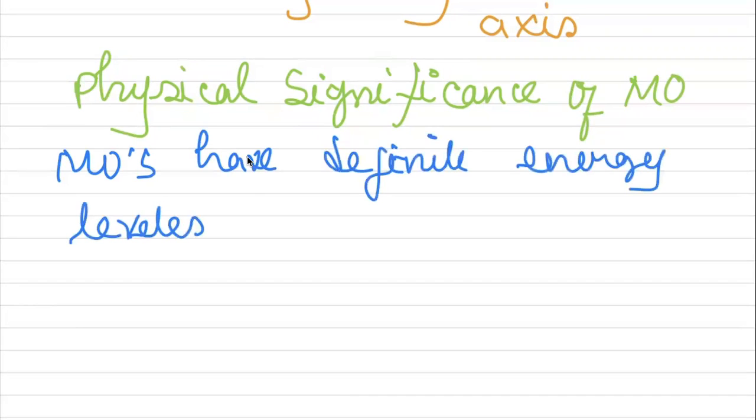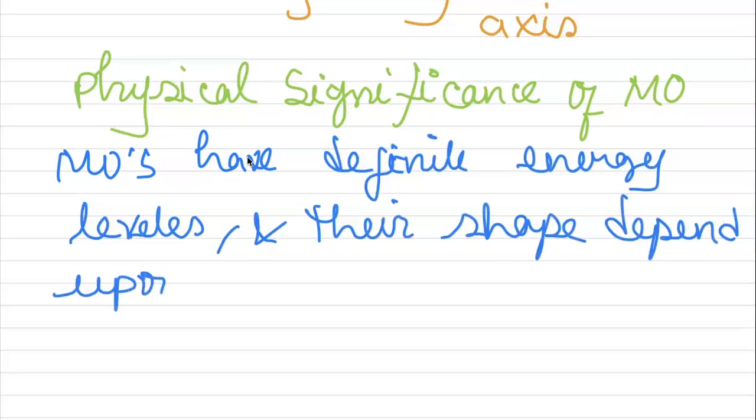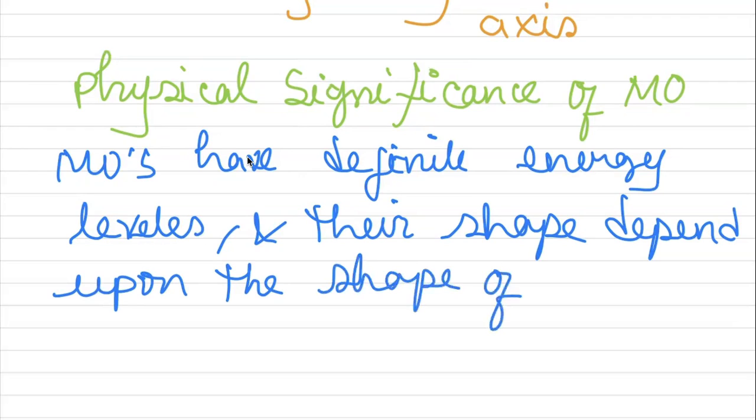MOs have definite energy levels and their shape depends upon the shape of the combining atomic orbitals.